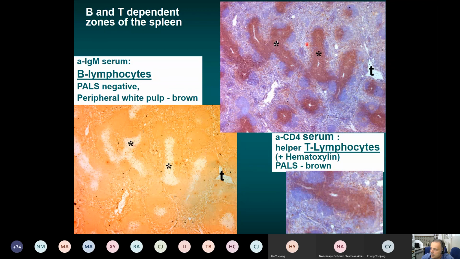And on the other side, we did the next section from the same tissue sample, again an immunocytochemistry, but there we marked the T lymphocytes, and you can see that around the blood vessels, the tissue got brown. Okay, so the area which is pale here turned brown on the other one and the other way around.